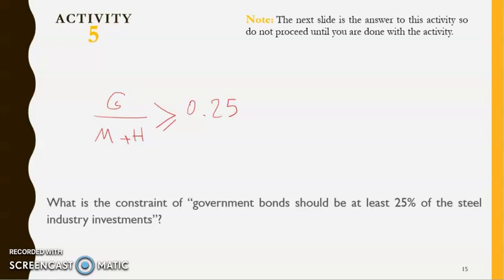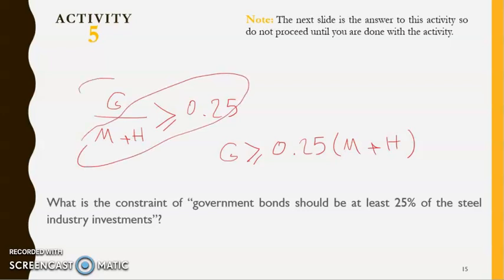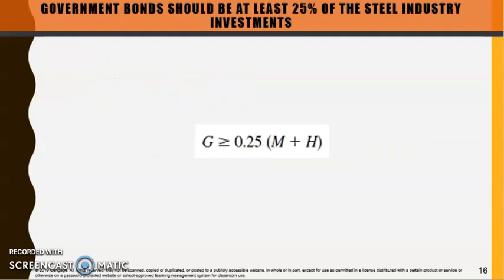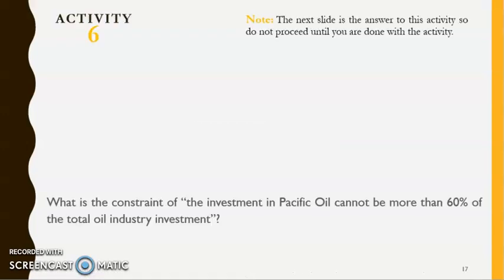You can have it in this way, or you can do the tiny little math to come up with this formula: G greater than 0.25 times M plus H. It is that formula that you have learned in general math. So G greater than 0.25 times (M plus H), that you can see in the next slide. Okay, we continue to the next constraint.